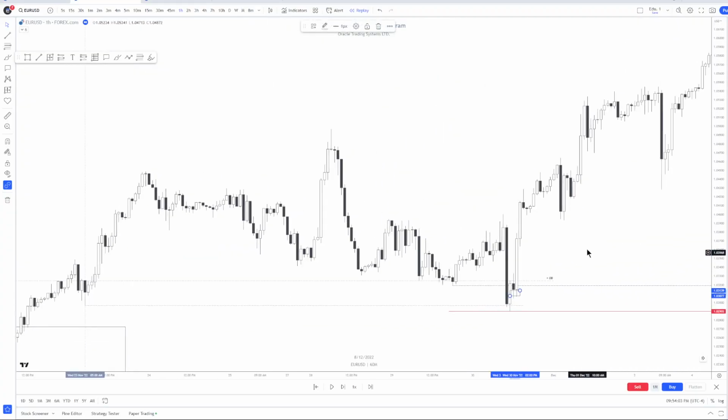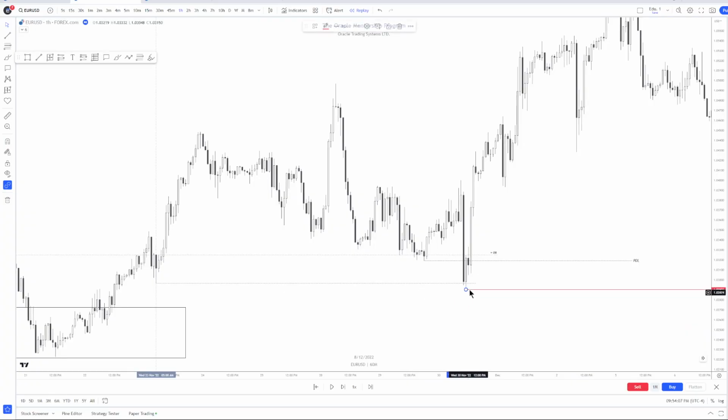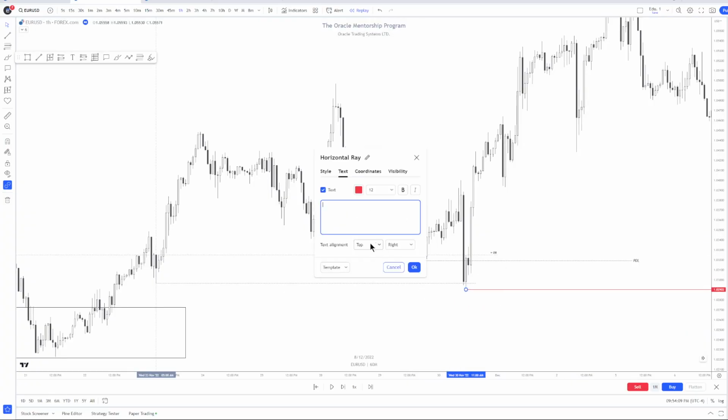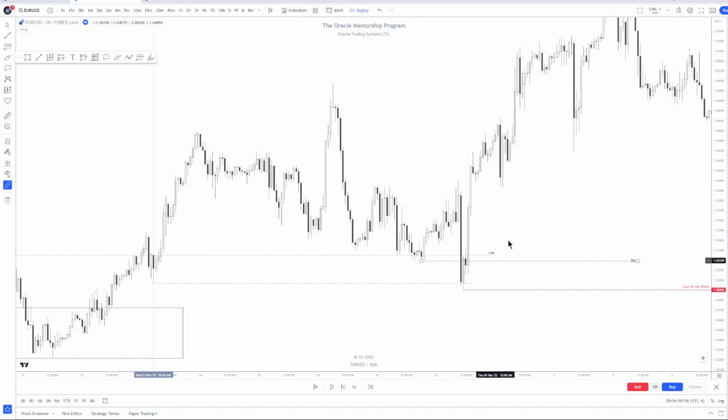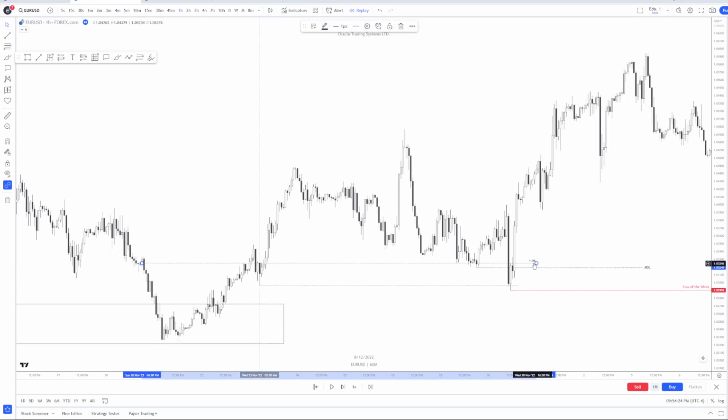Our job is just to try and build a narrative, like I'm doing right now, to suggest that this is the low or the high of the week. Call this low. If we can determine now that this is the low of the week, based on the narrative that we've built, we've come into an OB, we've liquidated the previous daily low.